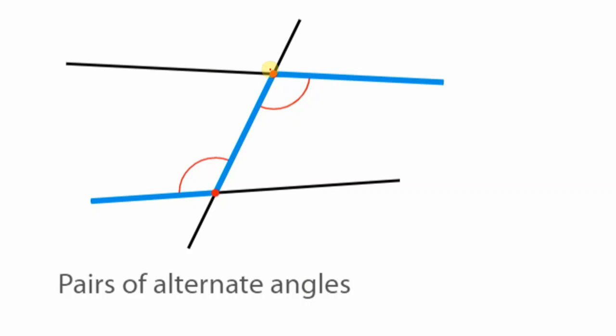Now that we know what transversals are, let's look at a few angle properties of transversals. So we have what we refer to as alternating angles. So let's first just look at what the word alternate means.